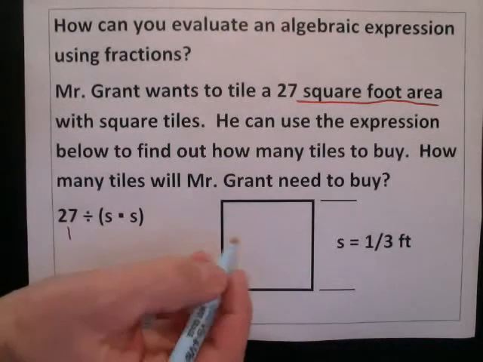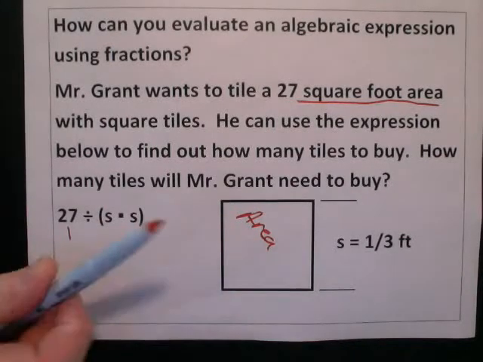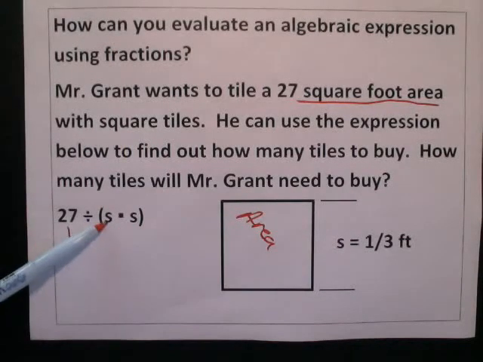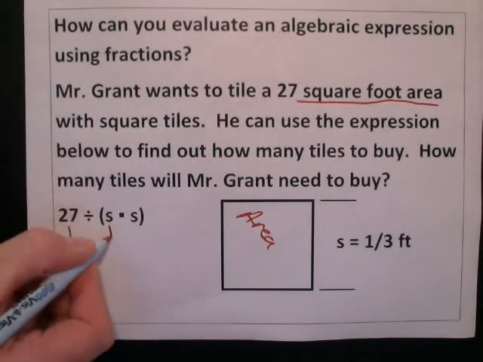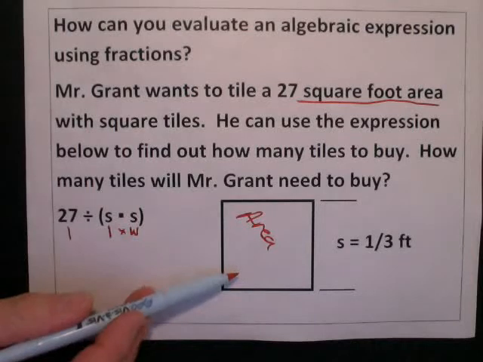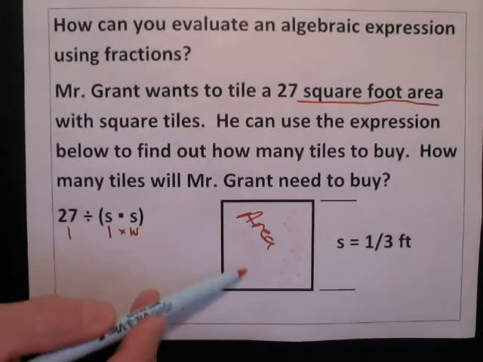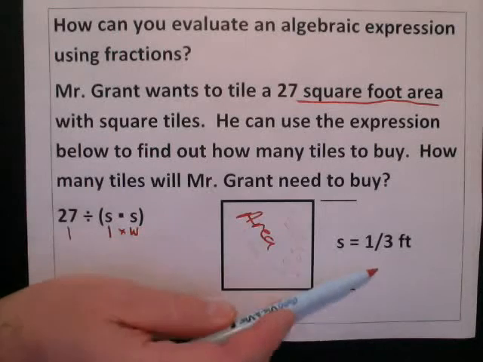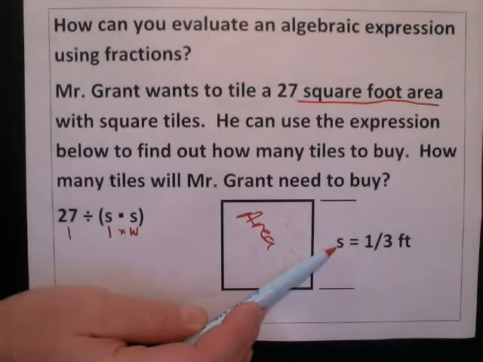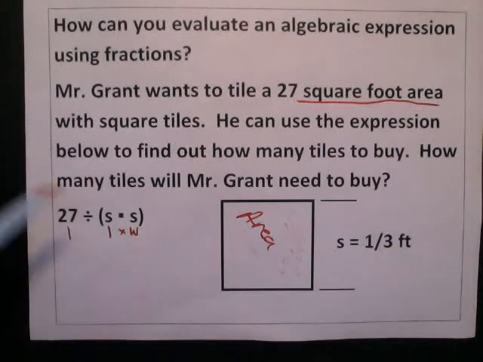The area of one tile is determined by multiplying length times width. Now this tile looks pretty big right here, but S has a value of 1/3 of a foot, so it's pretty small.